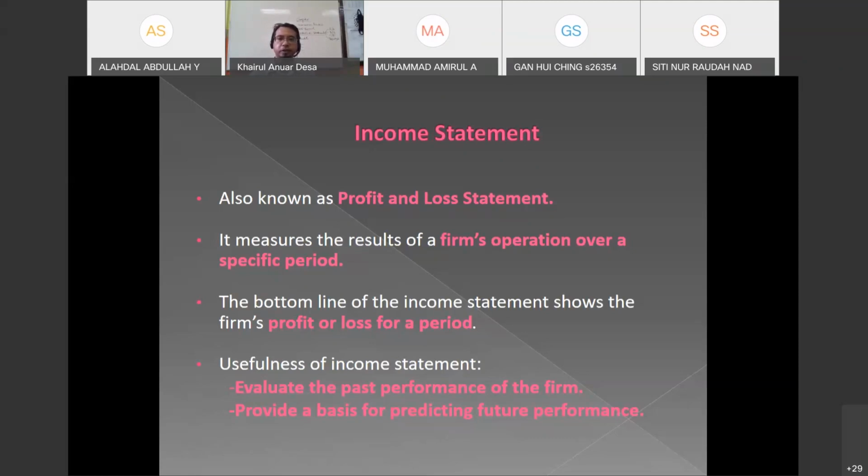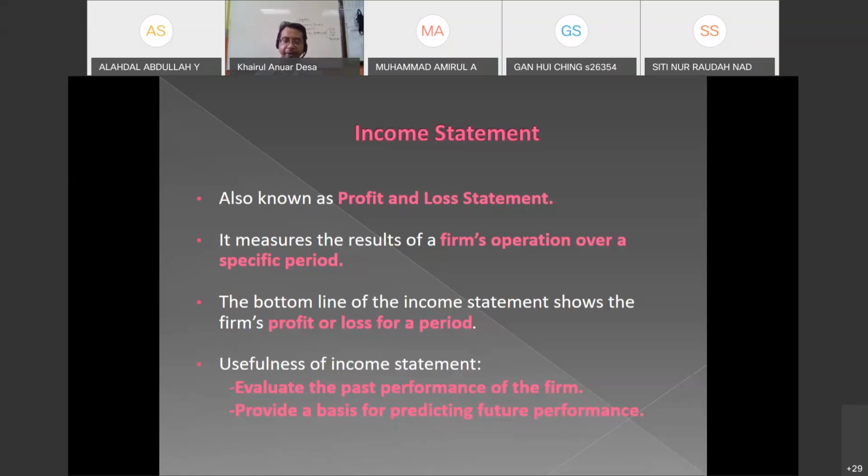So this is the statement that shows what is the profit and loss if the company generates profits, the operational part. Okay, normally in 1 year. Okay, past 1 year. Okay, untuk satu tempoh setahun kewangan.